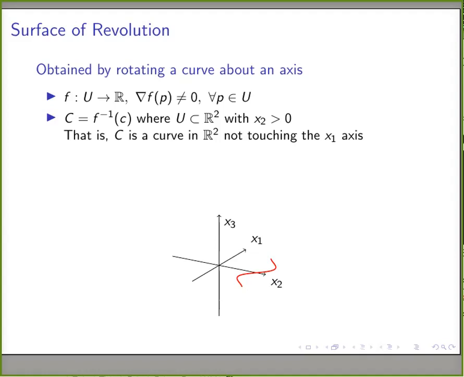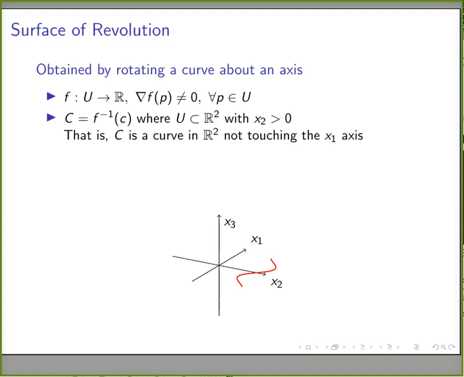Now here we are taking, for example, a curve with the domain of f on the positive x2, or x2 greater than 0, which is an open subset of R2, and we are taking u as a subset of this open set, and we are defining a function on this u, f from u to r, and the gradient of f at any point on this u is non-zero.